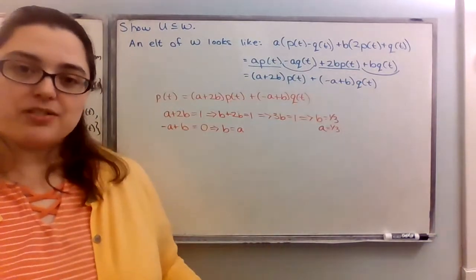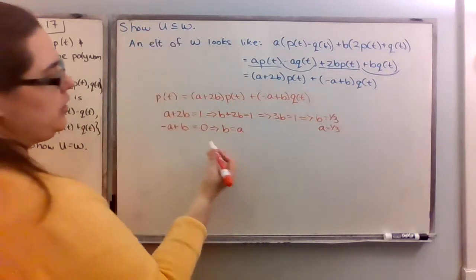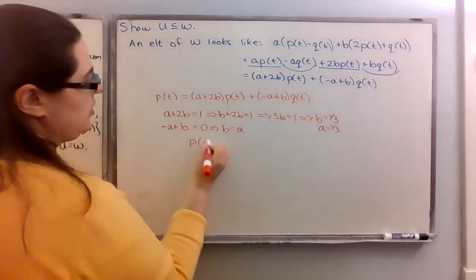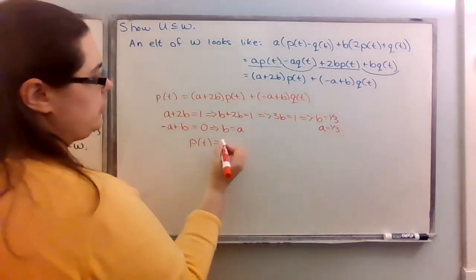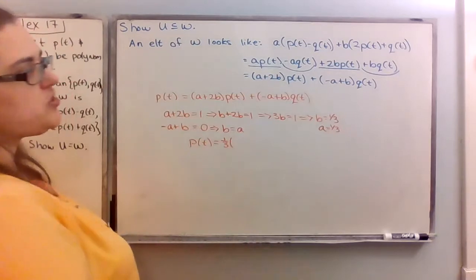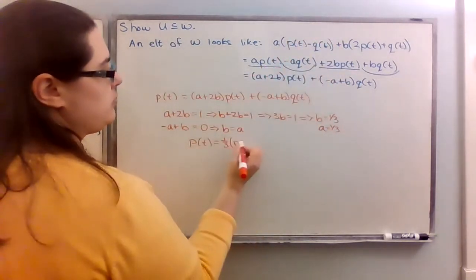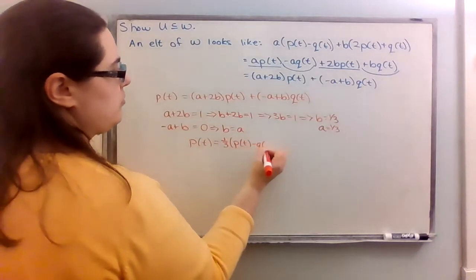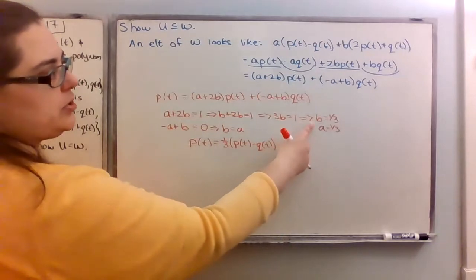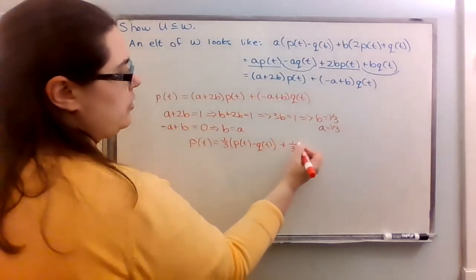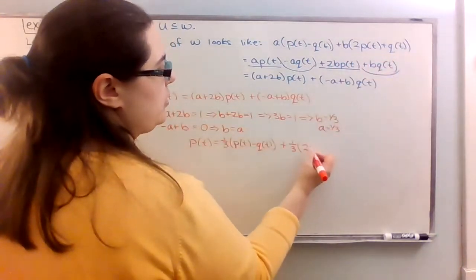So what this means for us is that this element P of T, which lives in U, can be written as 1/3, that's our A, times the first vector of W, which is this one, plus B, which is 1/3, times the second vector of W, which is that one up there.